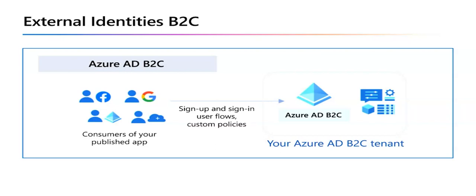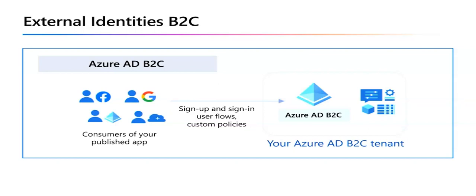So if you're a business or individual developer creating customer-facing apps, you can scale to millions of consumers, customers, or citizens by using Azure AD B2C. Developers can use Azure AD B2C as the full-featured CIAM system for their applications. With Azure AD B2C, customers can sign in with an identity that they've already established, like Facebook or Gmail.